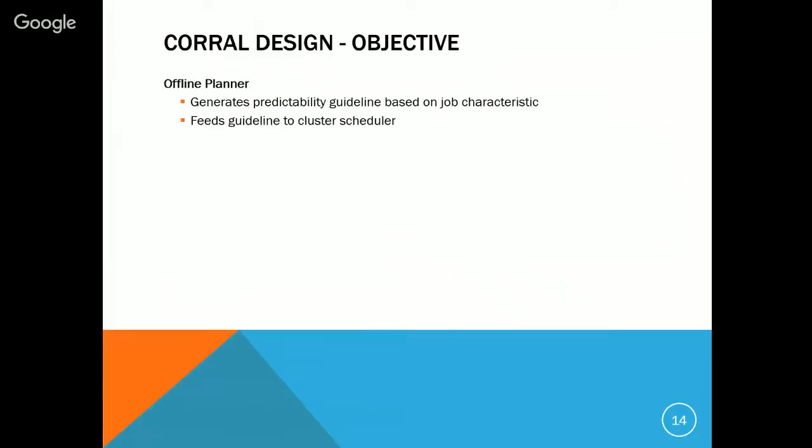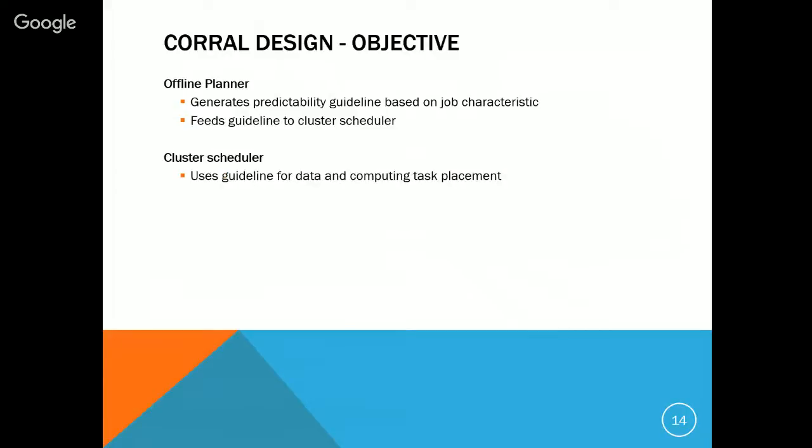So what are the objectives of this Coral design? In regards to the offline planner, we are talking about generating predictability guidelines based on job characteristics. We feed the guideline to the cluster scheduler. So what is the objective of this cluster scheduler as part of the Coral framework?